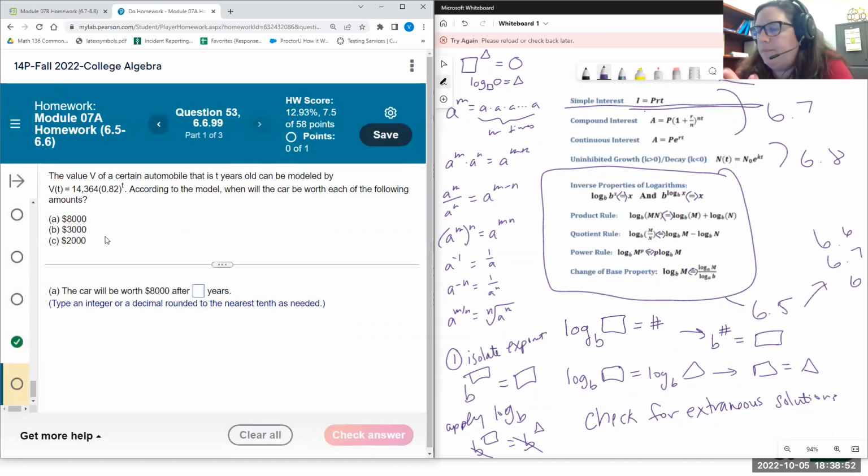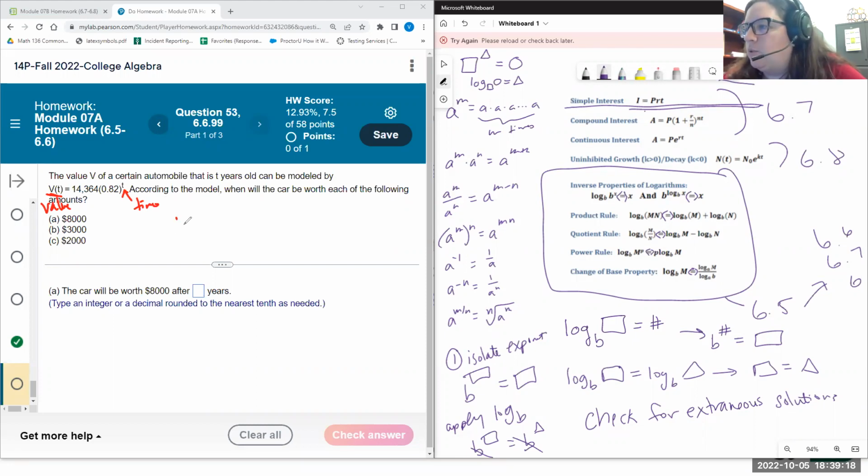And then number 53 is evaluating. So you have a function that's an exponential model, an exponential function. The v is the value, and then t is the time. So if it says when will the car be worth each of the following amounts, we're solving for time.